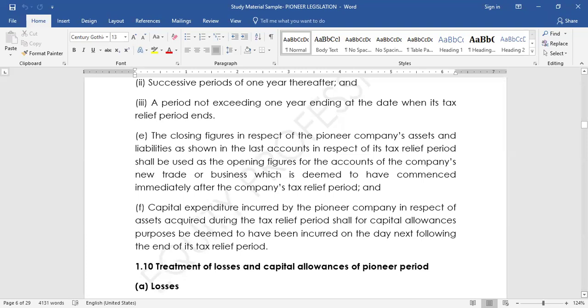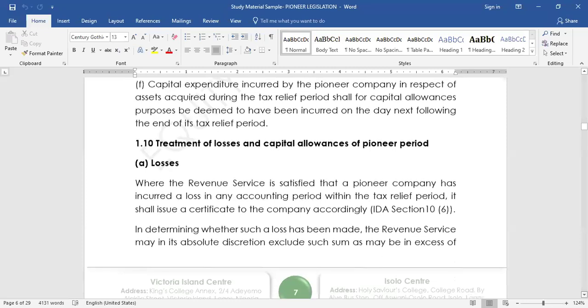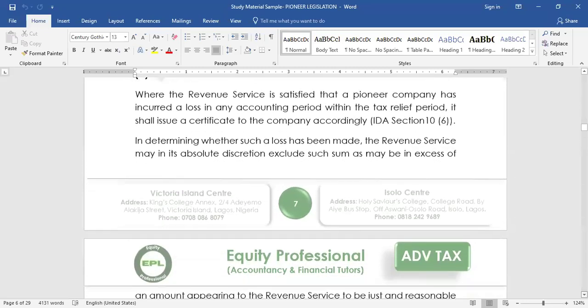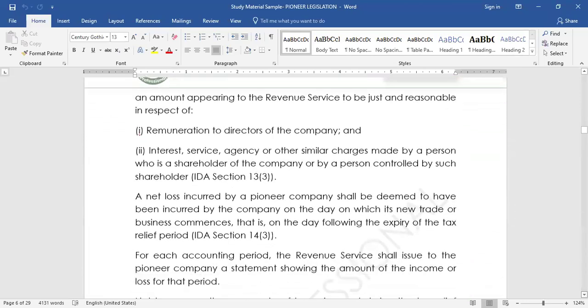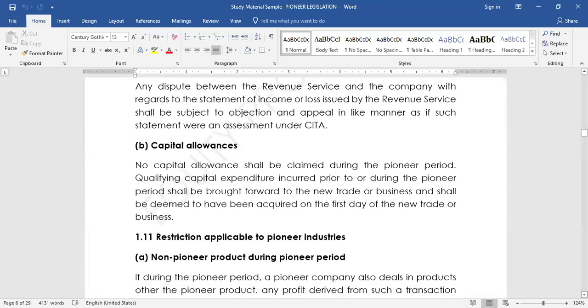Unrelieved capital allowance in the year of cessation can be carried backward for a maximum of 5 years. I've talked about the treatment of losses; the treatment of capital allowance is what I'm talking about now. So that capital allowance will be carried backward to the pre-pioneer period.